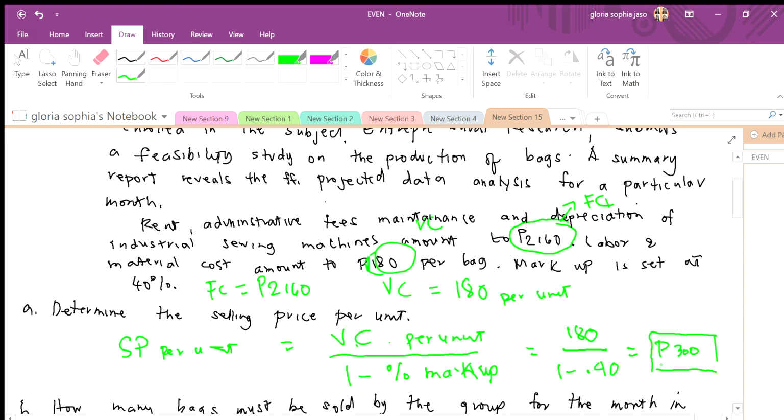The markup of 40%, class, remember, means 40% of the selling price, or 40% times 300, which is 120, goes to gross profit, and 60% of 300, which is 180, goes to the variable cost per unit.